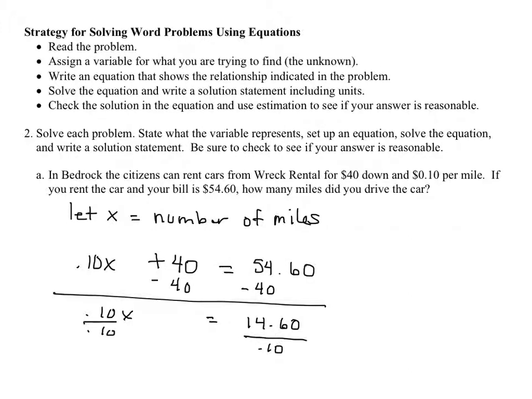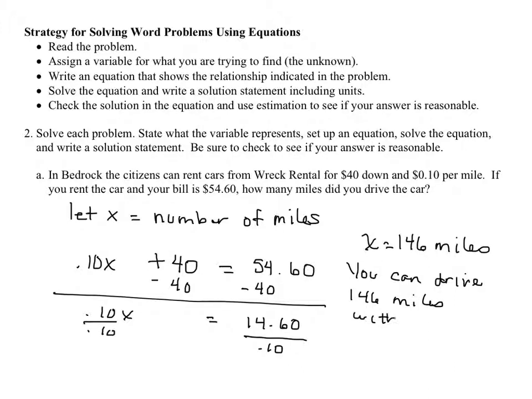If you use your calculator, or you can move it to the right one, x is equal to 146 miles. Let's write a statement for the answer. You can drive 146 miles with $54.60.